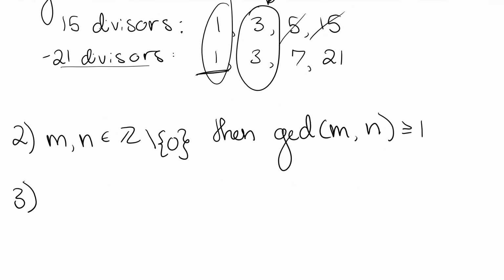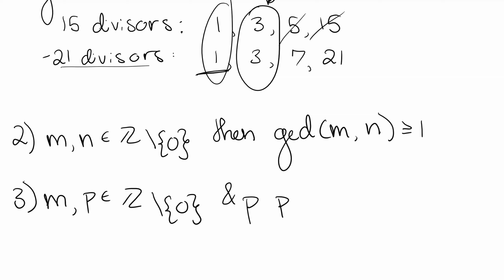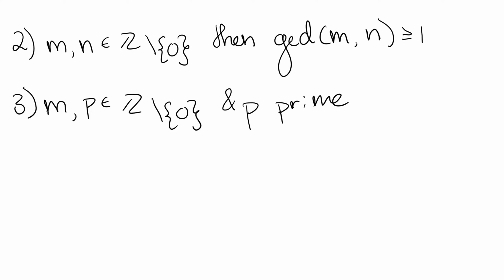Alright, so what if we did m and p? So they're both integers, and p is prime. Okay, so let's think about p's divisors. It's just going to be 1 and p.